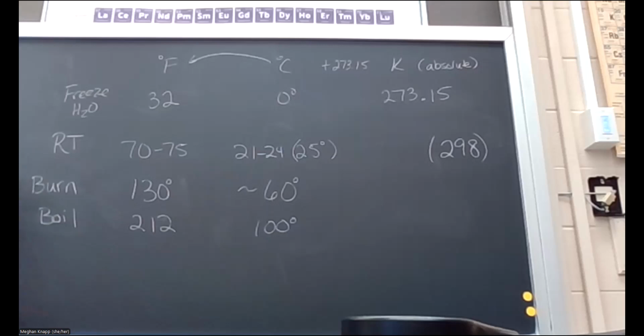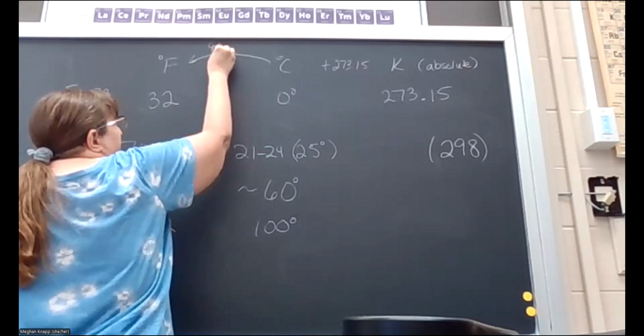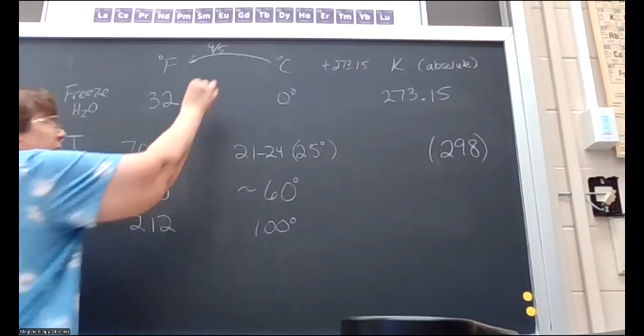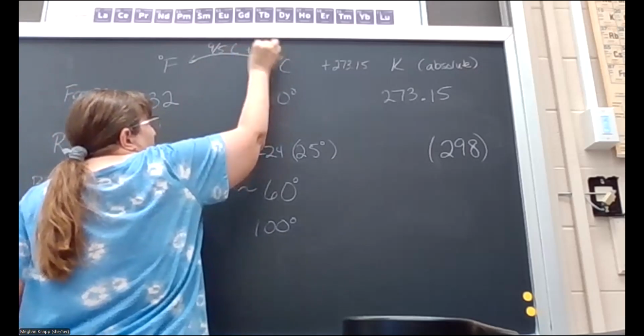What if I want to be more precise? I'm actually going to use 9/5, 9 divided by 5, so it's very close to 2. 9/5 of the Celsius temperature, and then I'm going to add 32.